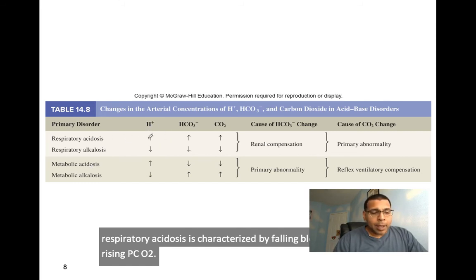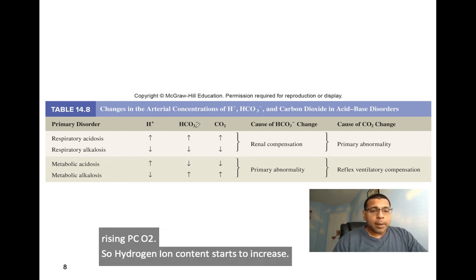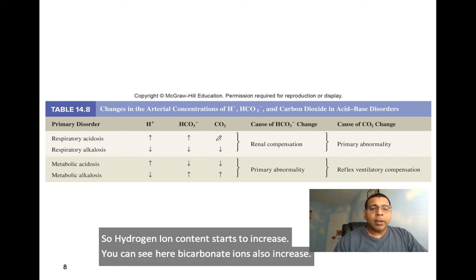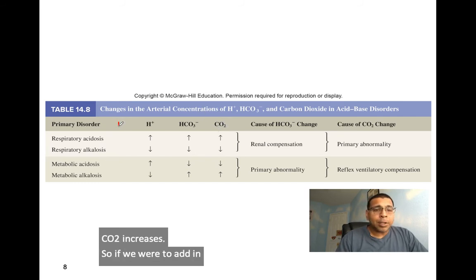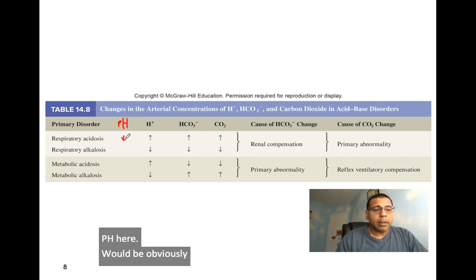So hydrogen ion content starts to increase. You can see here bicarbonate ions also increase, and CO2 increases. If we were to add pH here, it would obviously be going low.